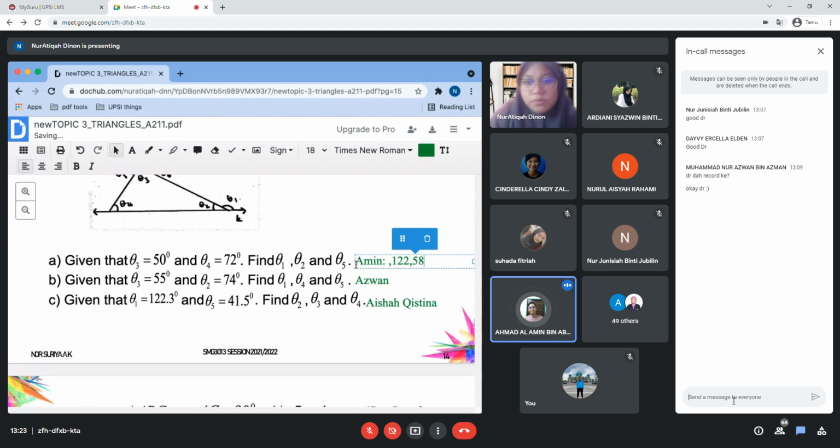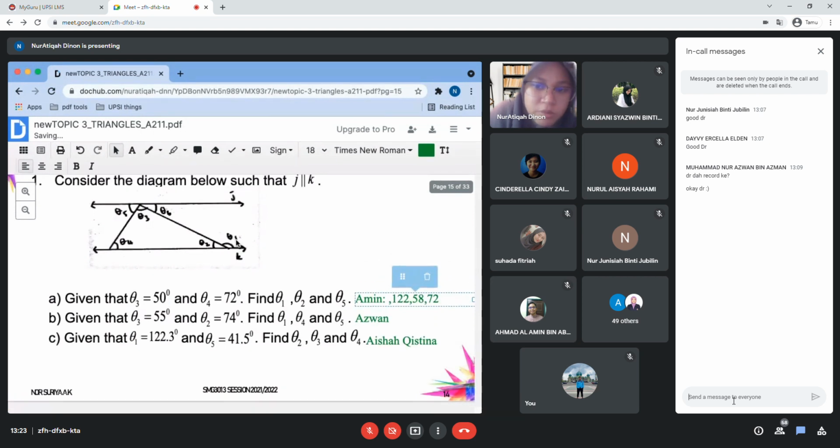Theta 5 72. Anyone else yang dapat different answer? Ada kan? I think it's quite straightforward. Ni saya believe je tau jawapan awak. Saya tak check pun dekat saya punya notebook.